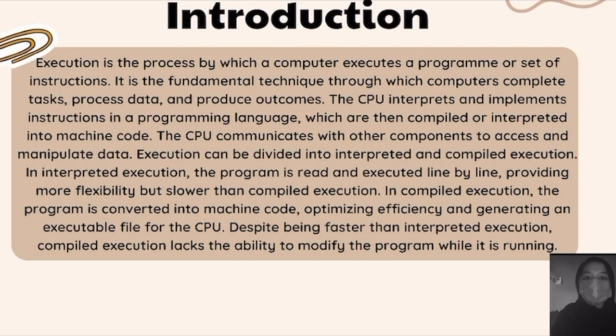This idea of execution is fundamental to computing because it enables the conversion of instructions into useful output and activities. It gives computers the ability to perform a variety of activities, from straightforward computations to complex simulations, data processing, and other jobs.